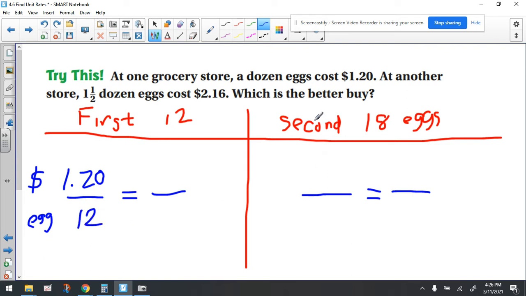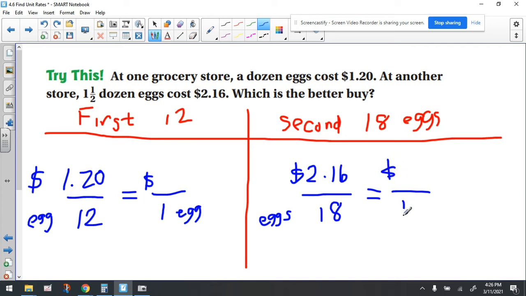And at the other store, you're paying $2.16, but you're getting 18 eggs for that price. So again, the bottom, we're talking about eggs. In both cases, we want to know the dollar amount that we're paying for 1 egg. You need that for both, for 1 egg.